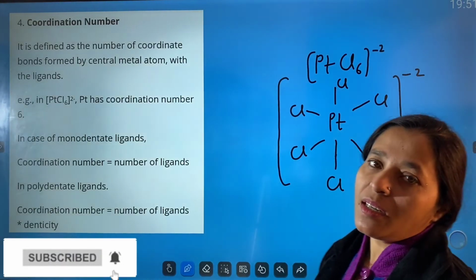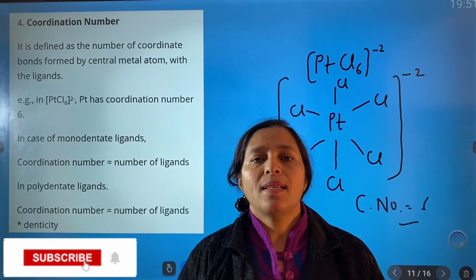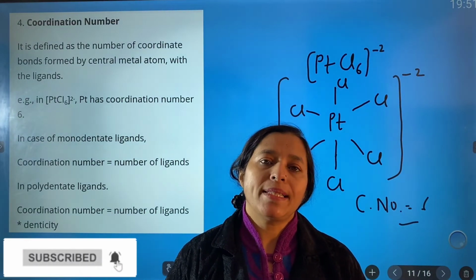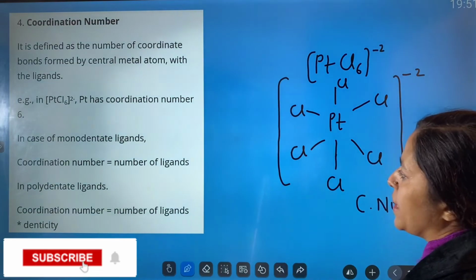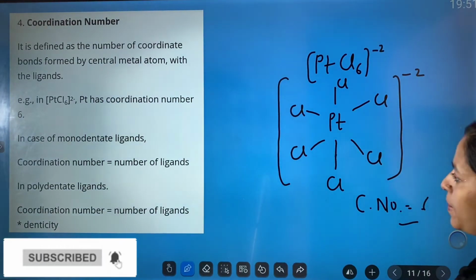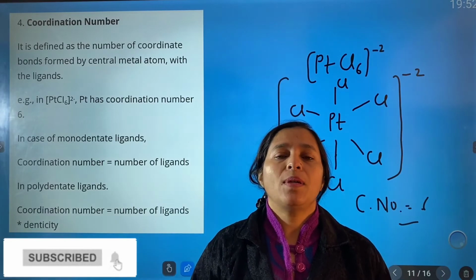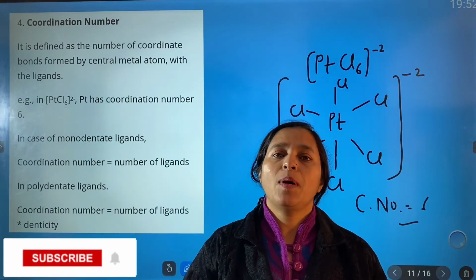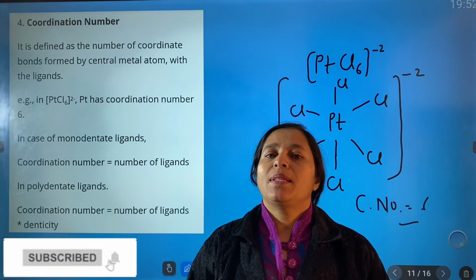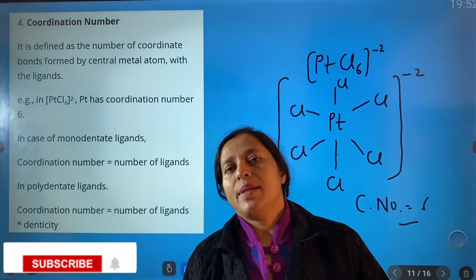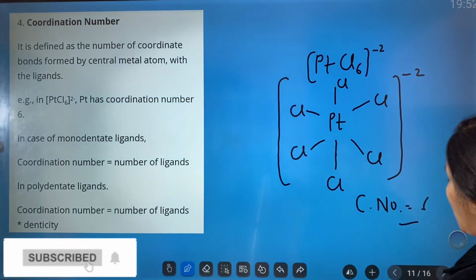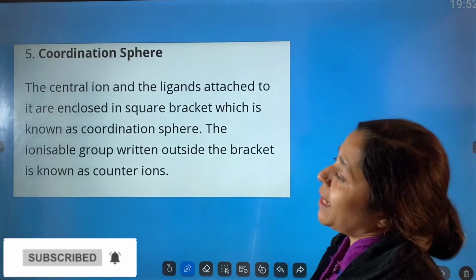I hope it's clear. So coordination number is the number of coordination bonds linked with the central metal ion. For example, in the case of polydentate ligands, the number of coordinate bonds formed by the polydentate ligands will be the coordination number of that central metal ion. So you should take care of this thing.